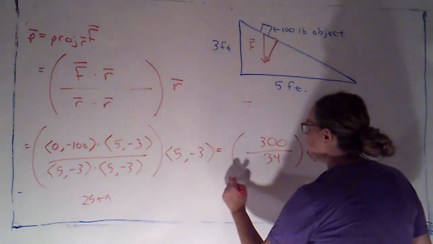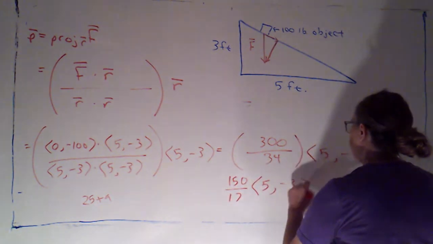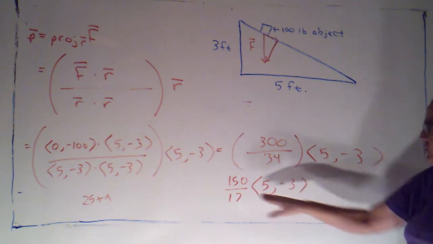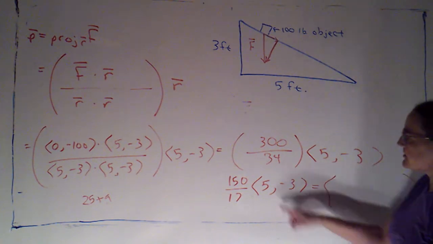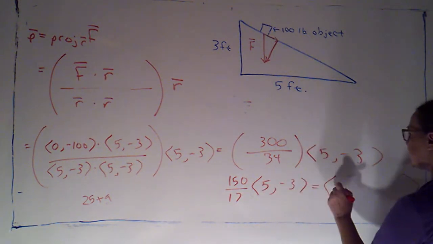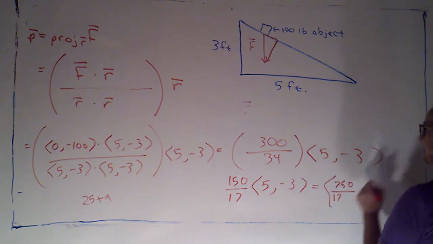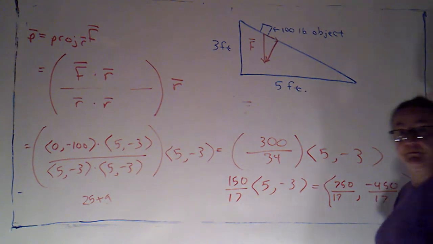That's going to be 150 seventeenths, and it's times 5, negative 3. I'm going to go ahead and do that scalar multiplication. So that's just going to give me, let's see, 750 seventeenths, comma, negative 450 seventeenths.